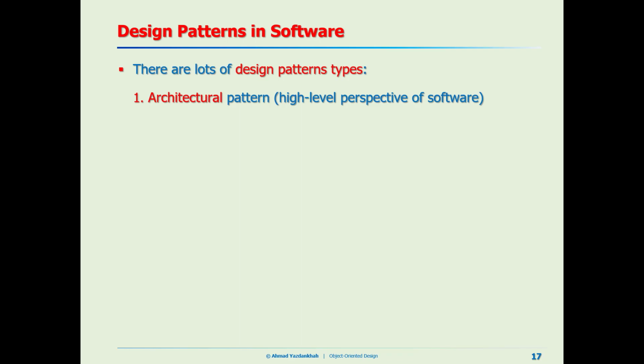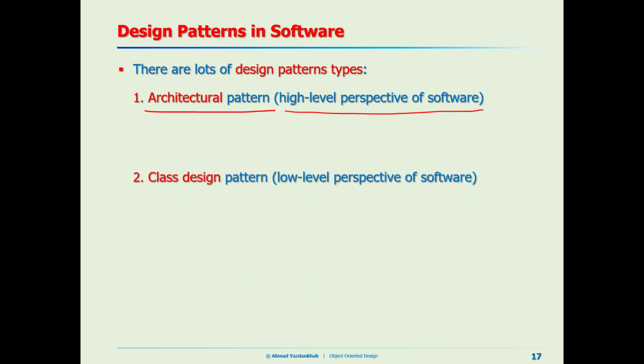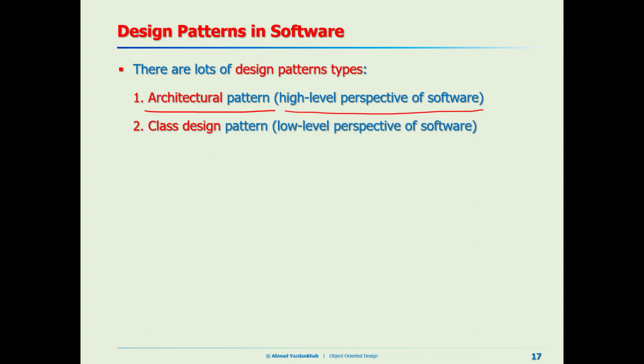So there is the architectural pattern, or high level perspective of the software. All right. And another type of design pattern is the class design pattern, which, with respect to the first one, is a lower level perspective of the software.